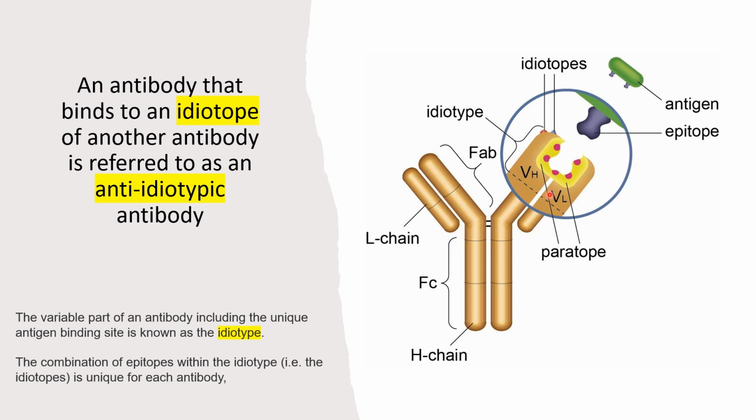The anti-idiotypic antibodies may be recognizing specific idiotopes within the paratope, in which case that anti-idiotypic antibody is actually able to measure free antibody, because if the epitope was bound, then the paratope is no longer visible to the anti-idiotypic antibody, which is recognizing idiotopes within the paratope.